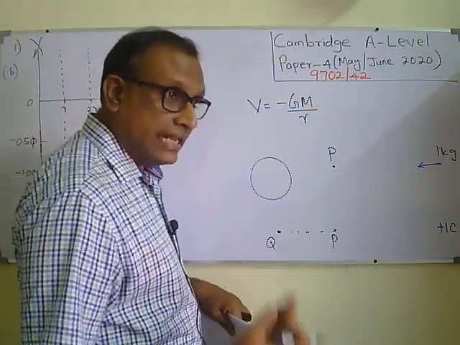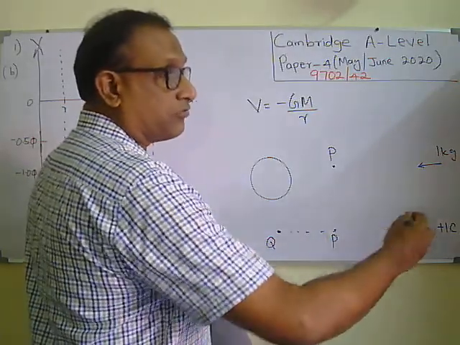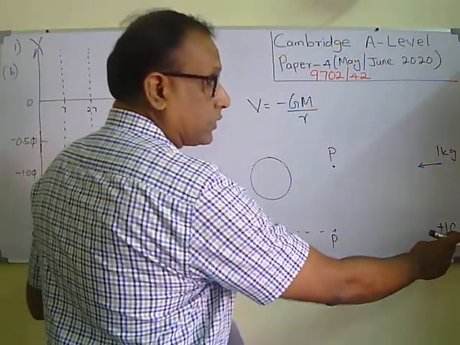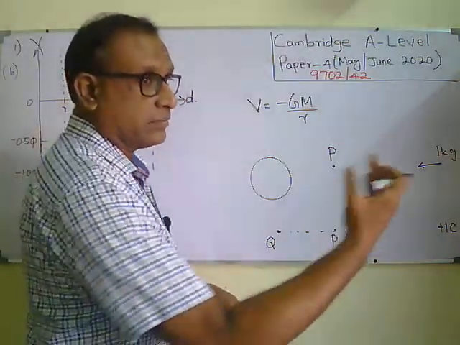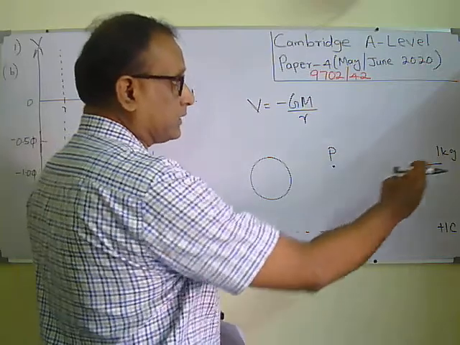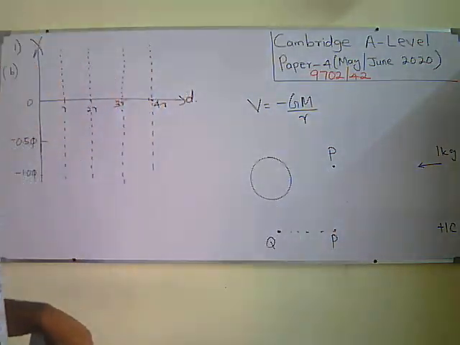So the electric potential at point P will be positive because the force experienced is a repulsive force, opposite the direction of its motion when it moves from infinite distance to this point. But this is an attractive force. That's the reason gravitational potential is negative.